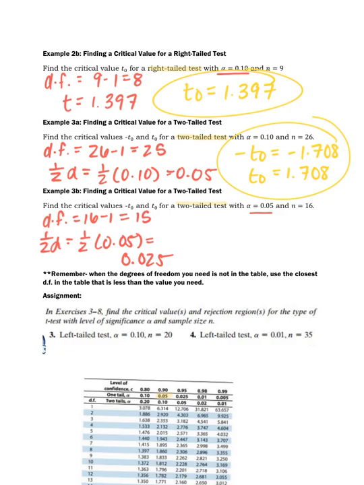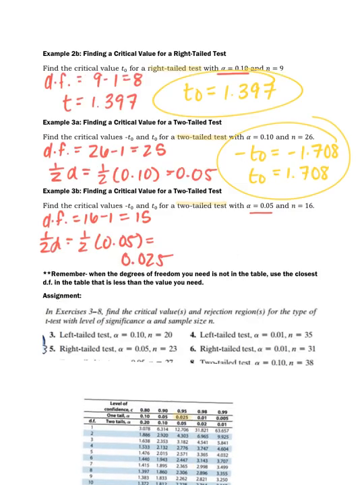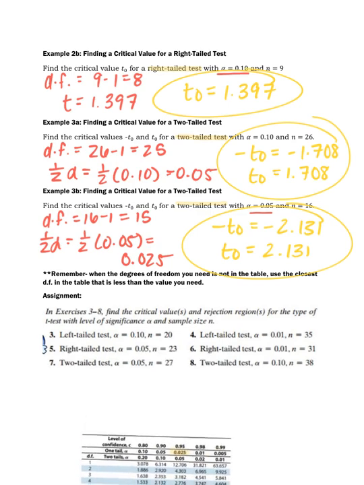So now when we look on our chart, we have degrees of freedom 15 and 0.025 in one tail. We go down, 2.131. And again, I have two tails: positive 2.131 and negative 2.131. Okay?